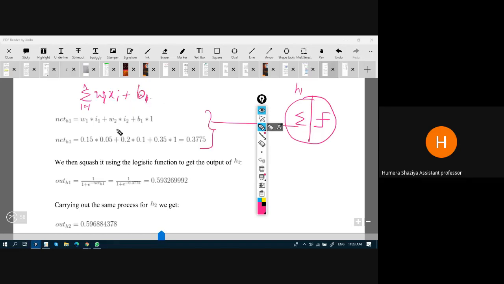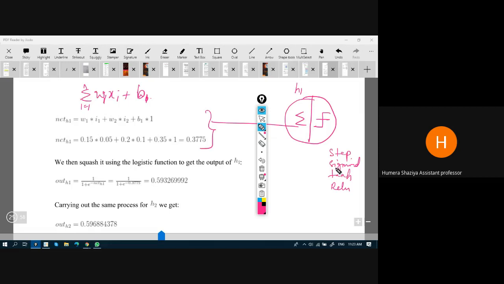Okay, this summation is obtained. Then we have an activation function. I told you what the activation function does. Different activation functions we looked at: step, sigmoid, tanh, relu.